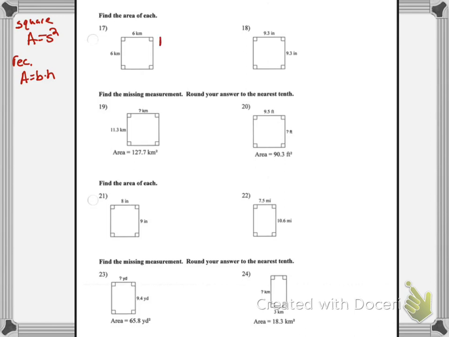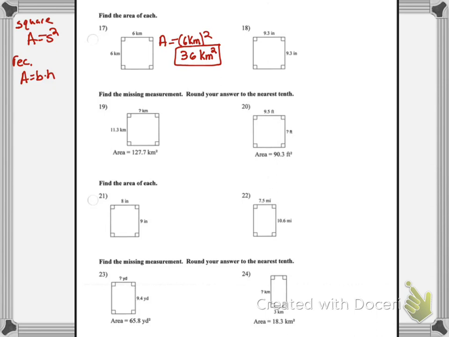So area equals 6 kilometers squared. 6 times 6 is 36. For the units, it's km, and you put the square with it.